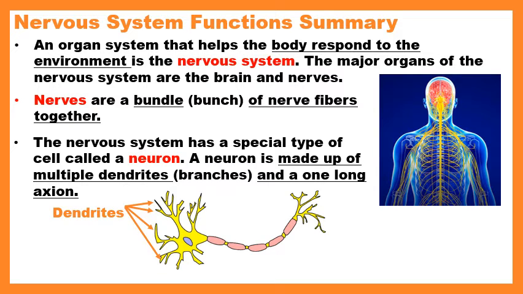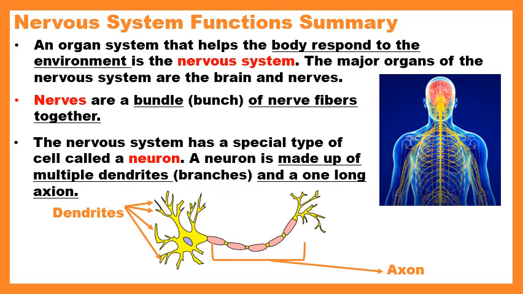These are little parts of the cell that reach out, and they're going to be really important because they're going to receive messages, and we're going to learn about that later. Then the long trunk part of the neuron is called the axon. Those are 2 vocabulary words you need to know for the neuron.